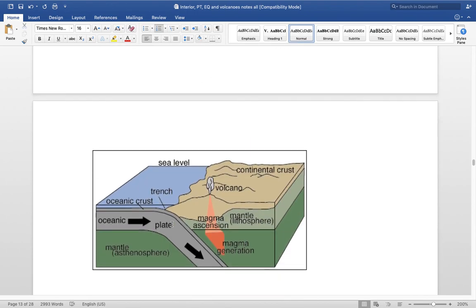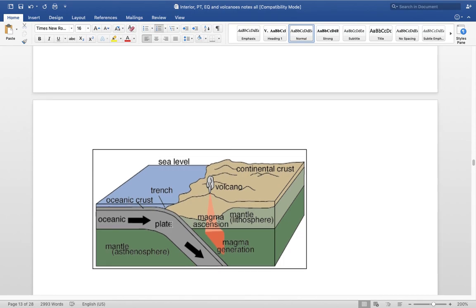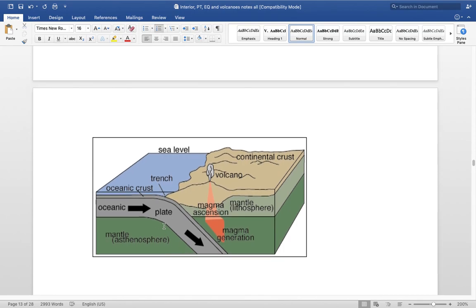So here is an example of a continental oceanic convergence, okay? And here's my ocean plate, and here's my continental plate. And as you can see, the ocean plate, because it's more dense, you got to know that, all right? Because the ocean plate is more dense, so I'll write down here, oceanic plate is more dense than continental, okay?